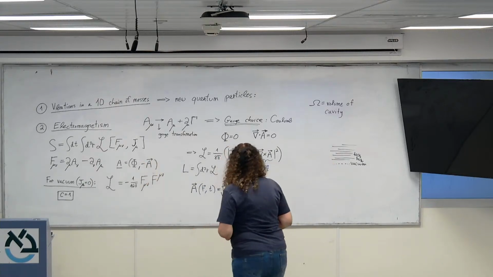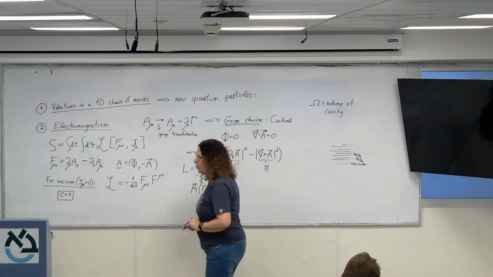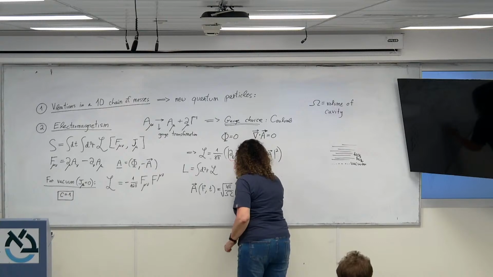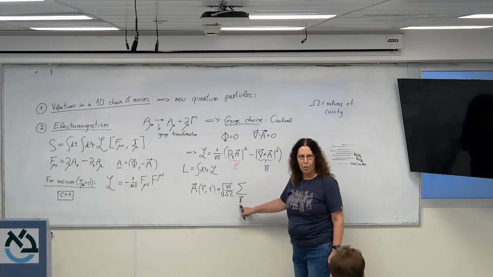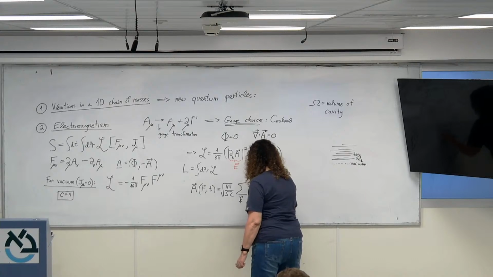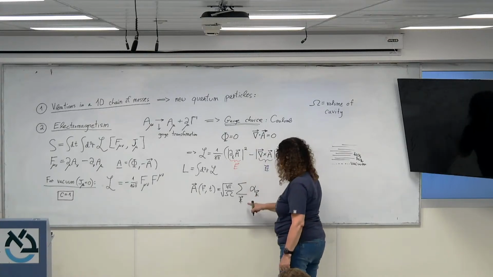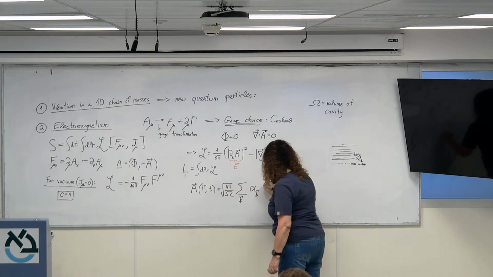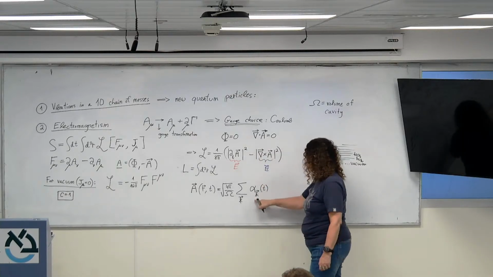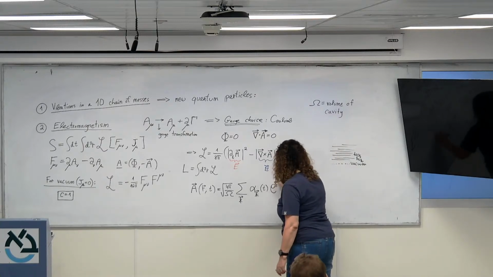Okay? All right, so this is just a normalization factor, and now what I have here is a sum over k, and here k is a vector in 3 dimensions. Our problem is 3-dimensional, and I have some fields that I call, basically these are the Fourier components of capital A, which I call alpha k times e to the i k dot r.